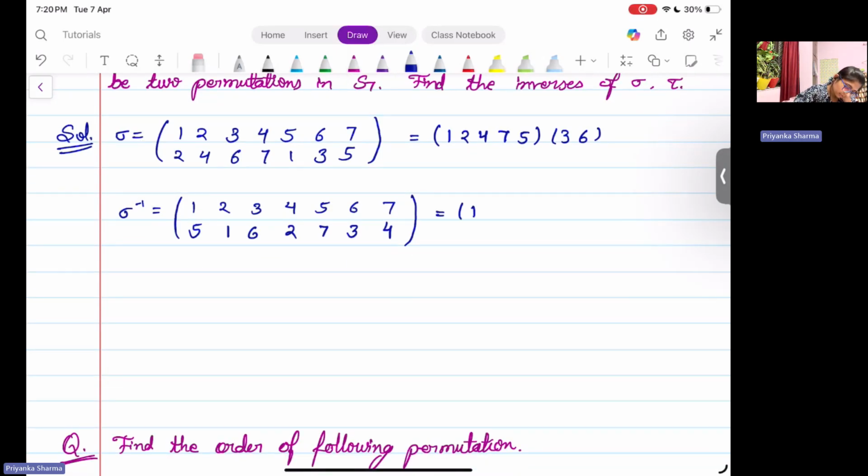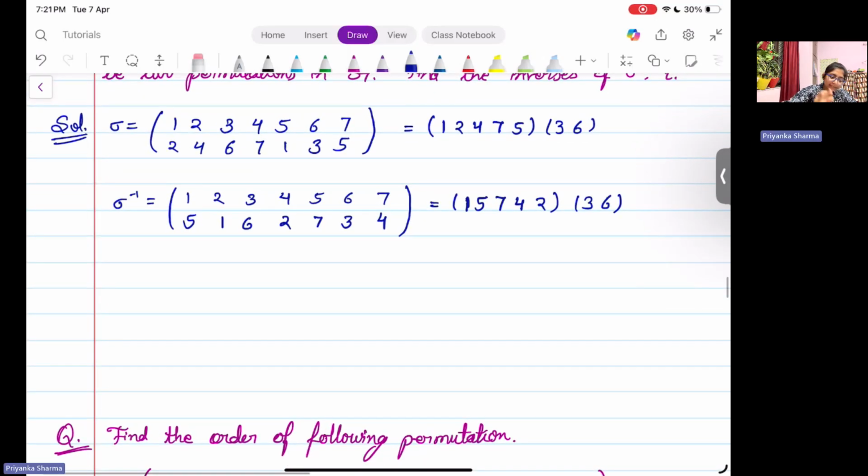So this is 1, 5, 7, 4, 2, and then 1. And 3 mapped onto 6.